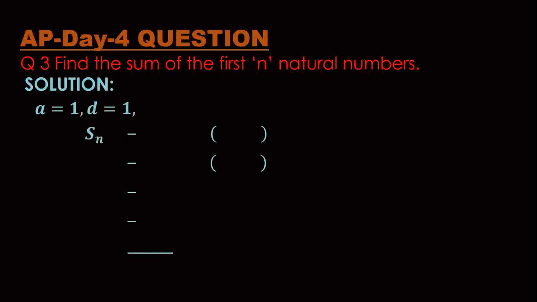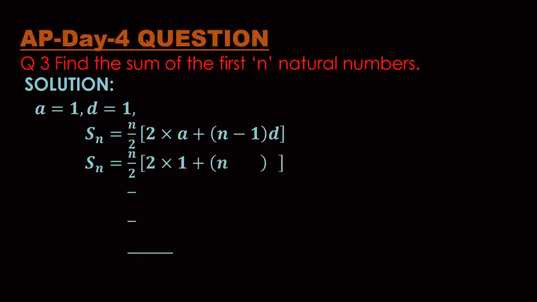So let's bring in the formula. S n equal to n by 2, 2 into a plus n minus 1 d. Let's substitute the value as S n equal to n by 2, 2 into 1, n minus 1 into 1. So this is a simple simplification. n by 2, 2 into 1 is 2, then n minus 1, opening the bracket.